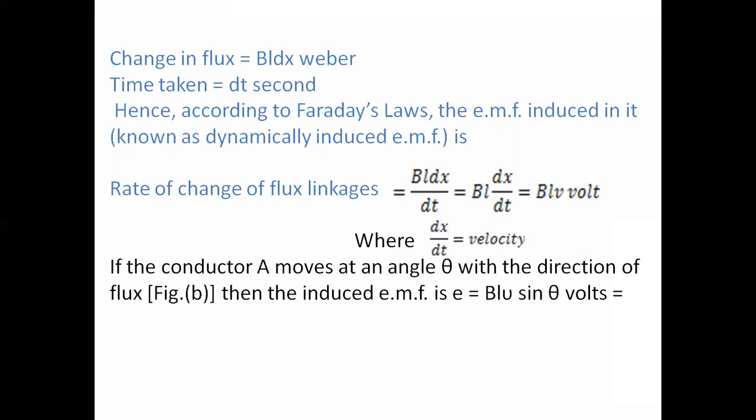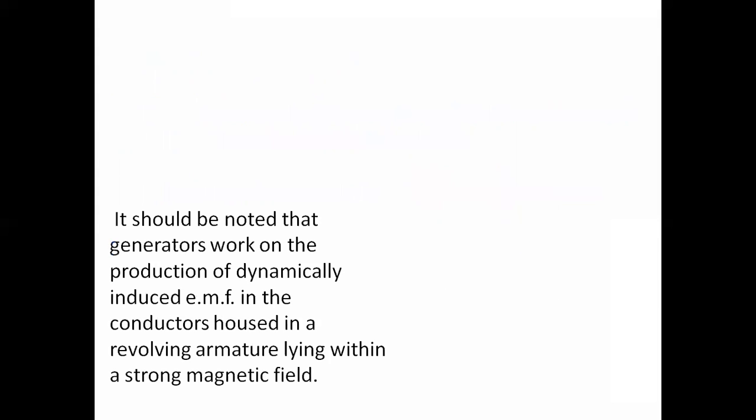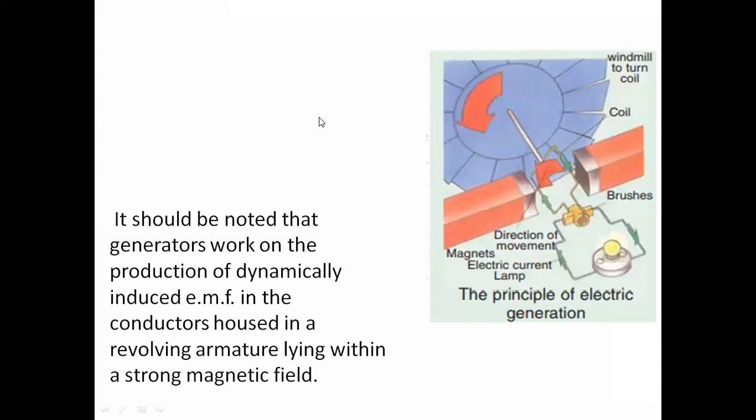If the conductor moves at an angle theta with respect to the direction of the flux, we get BLV sin theta. This can be represented with the cross product as L V into B. This is the principle of electric generation, how electric power is generated.